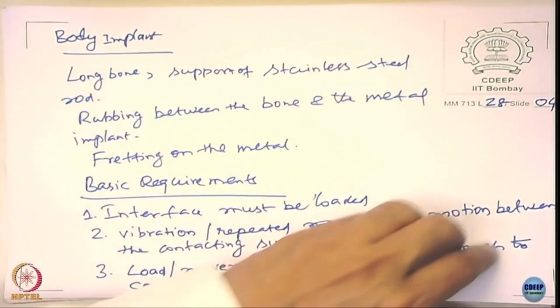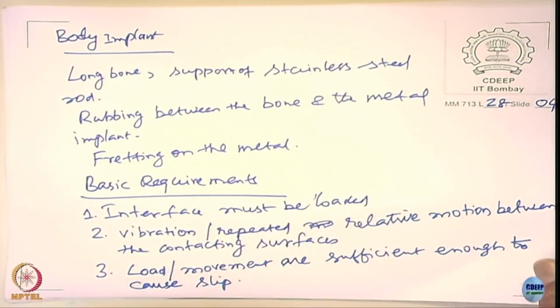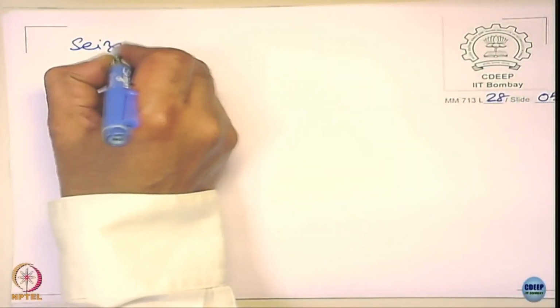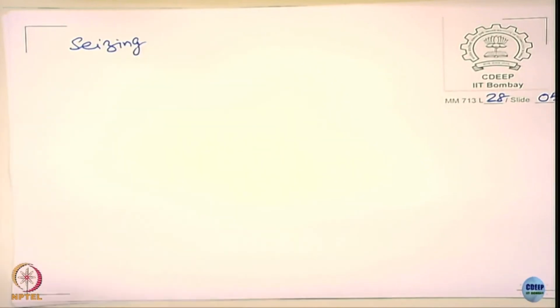The contact surfaces, when the surfaces are rubbing, for example, okay, what really happens when they are rubbing, it leads to seizing. It just sticks, you know, when you start moving fast, you can stick and then move, right. It is called seizing.